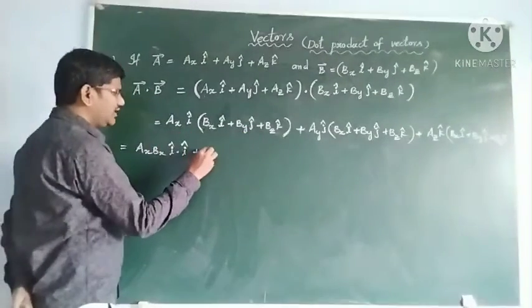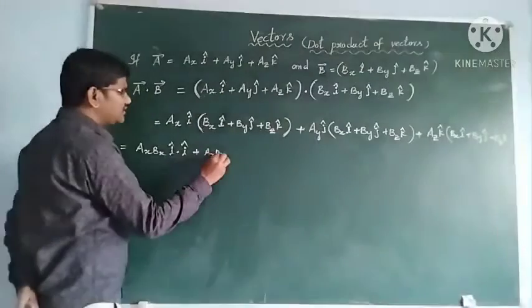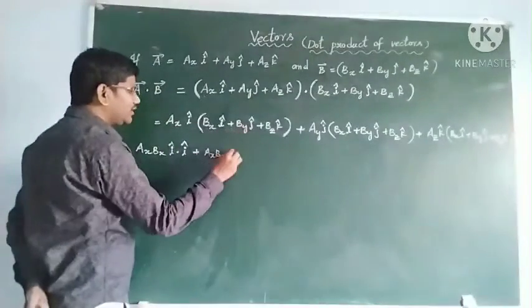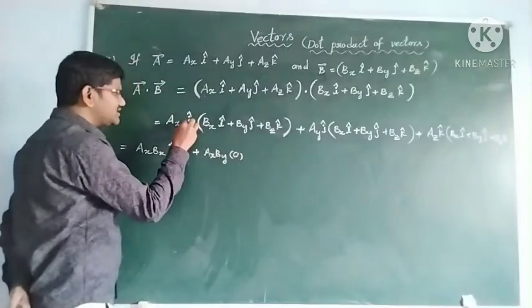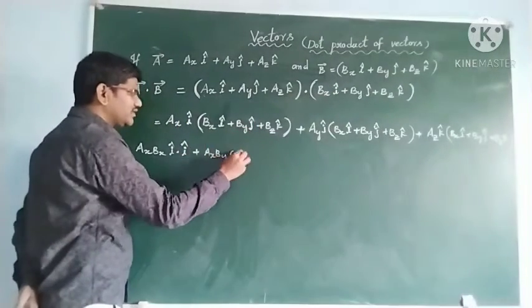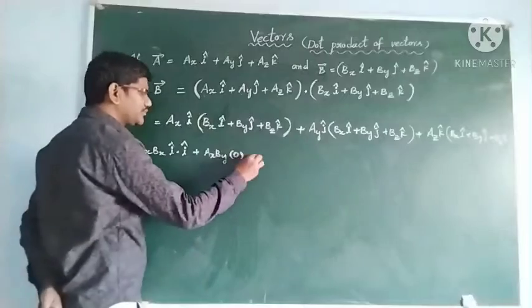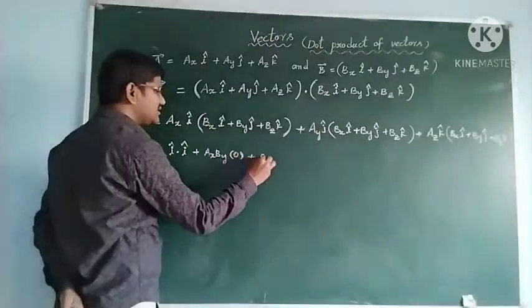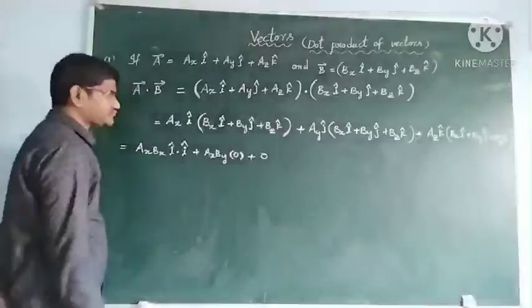So you will get here Ax into By into I cap into J cap. Since I cap and J cap are perpendicular vectors, the dot product will be 0. Similarly, Ax into Bz, this you will also get 0.